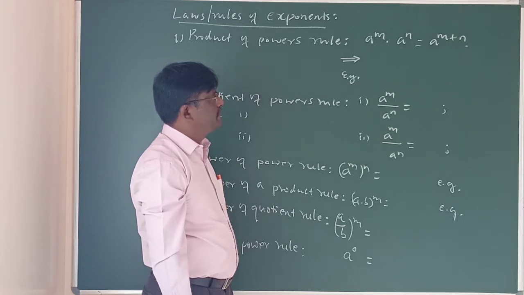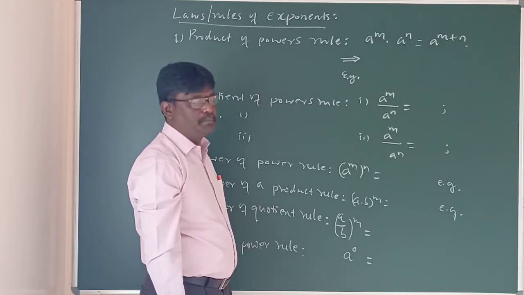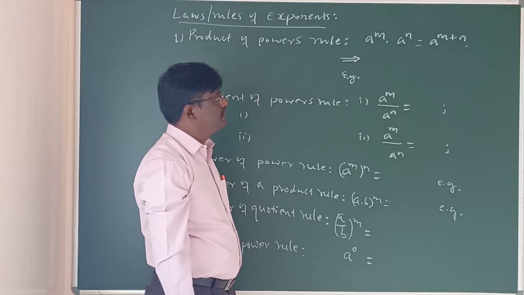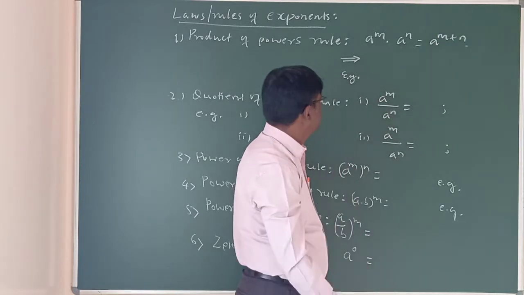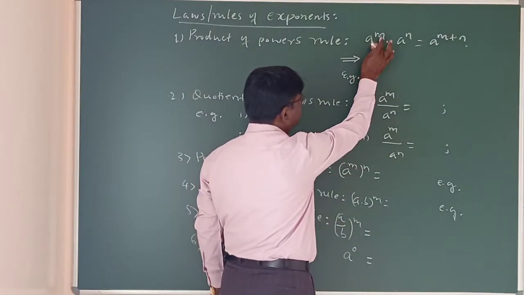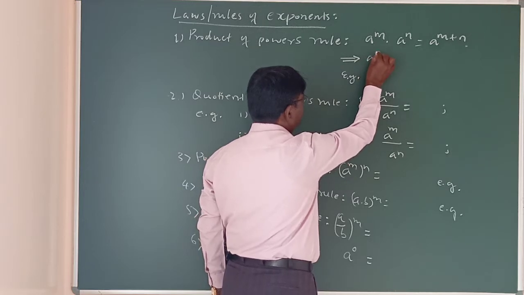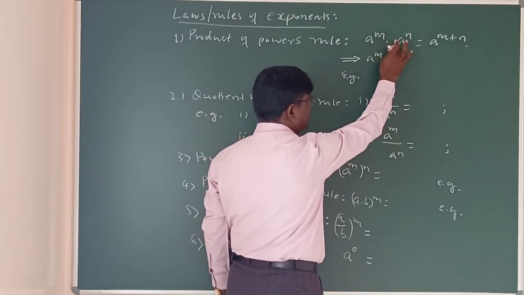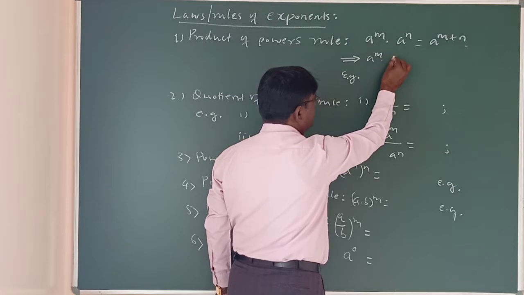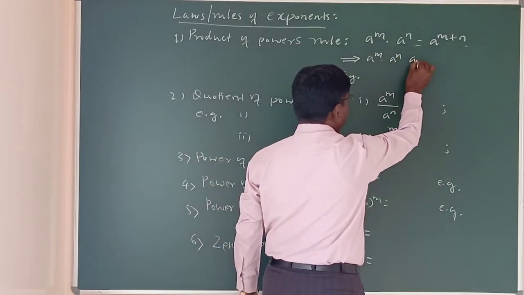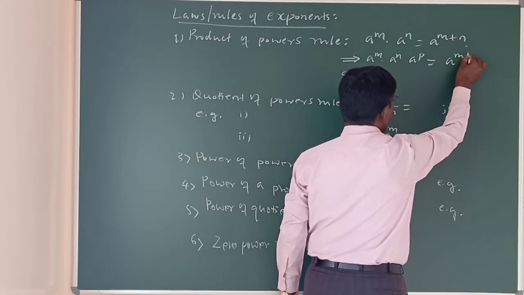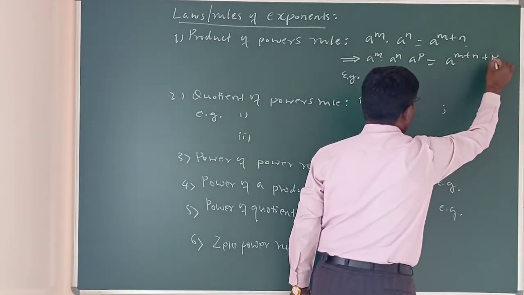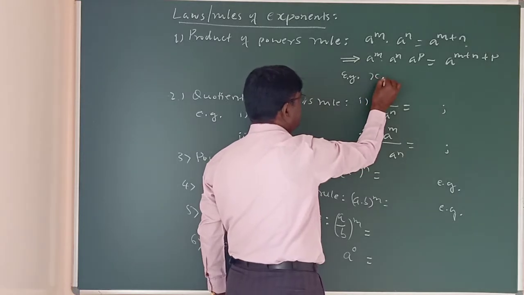When it is multiplied by another with the same base a and a different exponent n, the product is a power m plus n. Even a power m, a power n, a power p can be added: m plus n plus p.